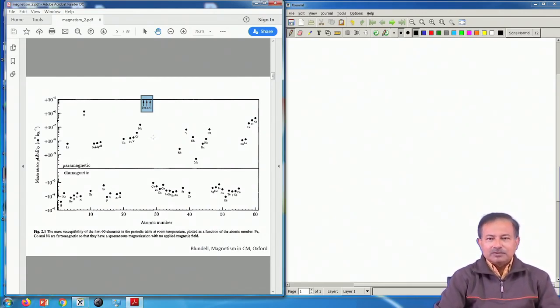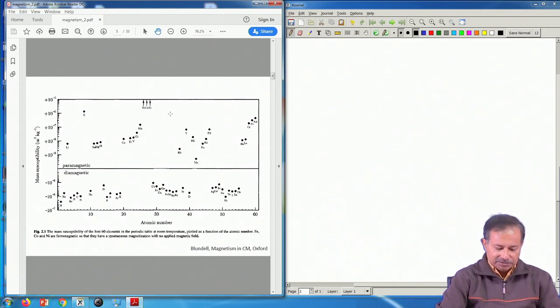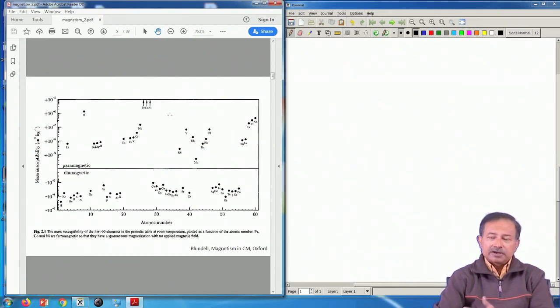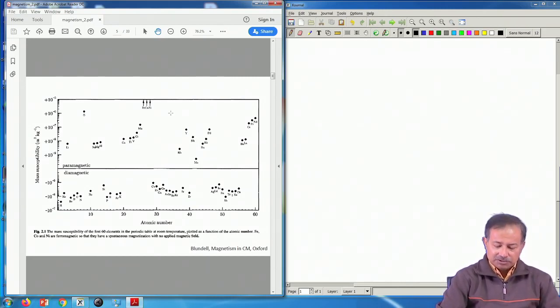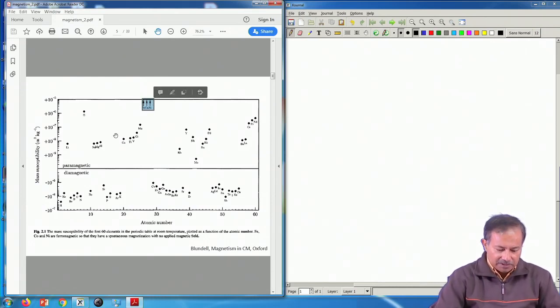Their magnetism requires a different treatment and understanding, where the moments on the ions interact with their neighboring ions. So, this is a completely different ball game. These are spontaneously magnetized systems, and they have much higher magnetic susceptibility.